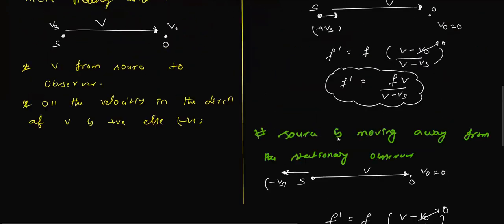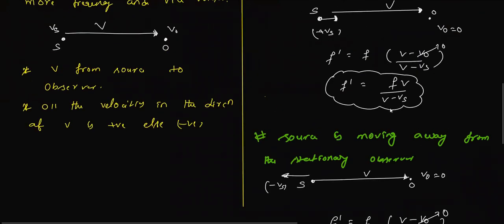In the above case, V minus Vs, the denominator is decreasing, which means the frequency will be more.